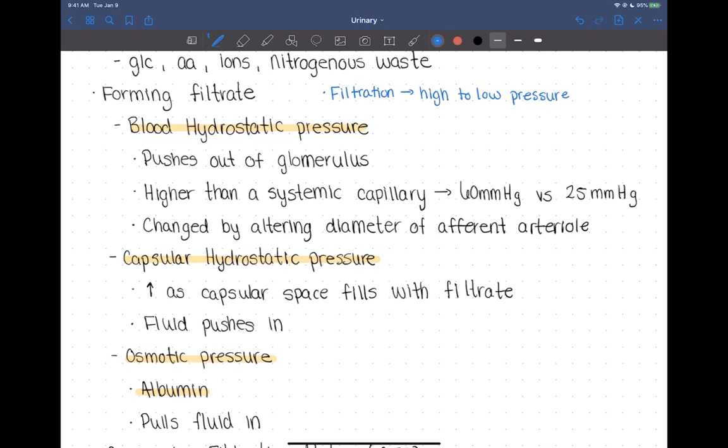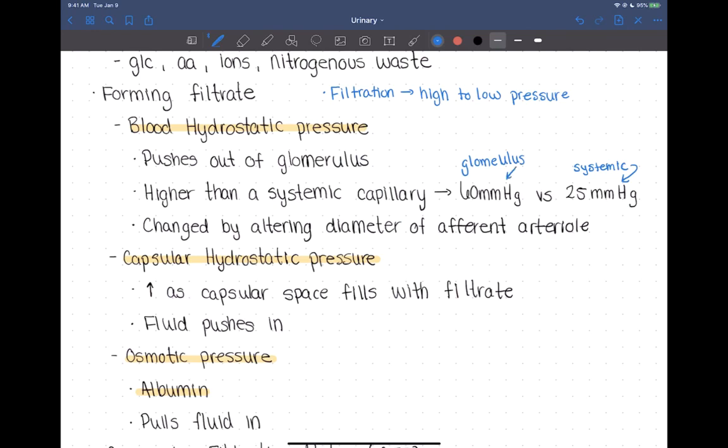So that's usually around 25 millimeters of mercury in a systemic capillary bed. Remember, it changes between the arterial and the venous side, but on average around 25. All right, so this would be systemic compared to our glomerulus, right? And remember we said how important that pressure is to forming urine, so it does need a higher pressure.